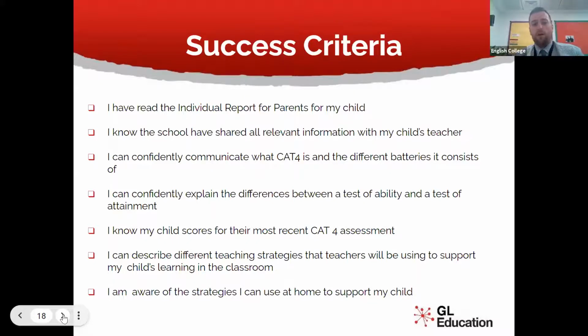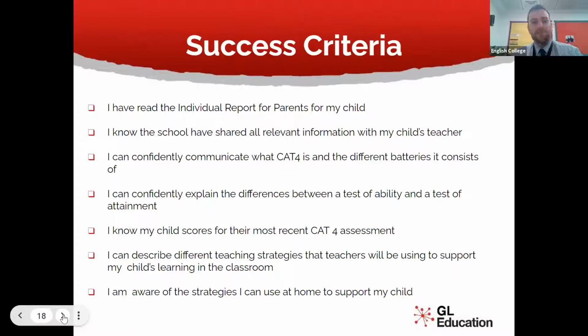Hopefully, by the end of this second session, and relating it back to the first session that we carried out, you have read your individual report for your child. You now know that the school has shared all this information with everyone's teachers. You've got a confident understanding of what CAT4 is and what the different batteries are.